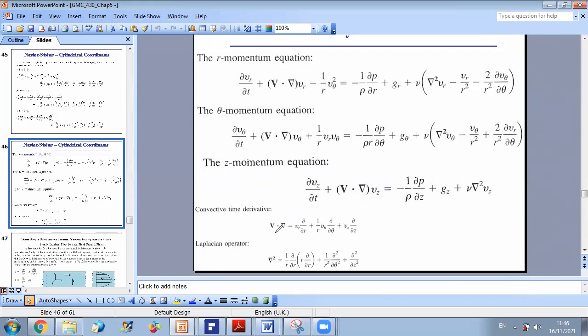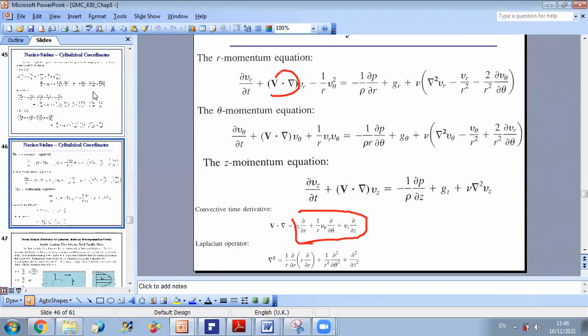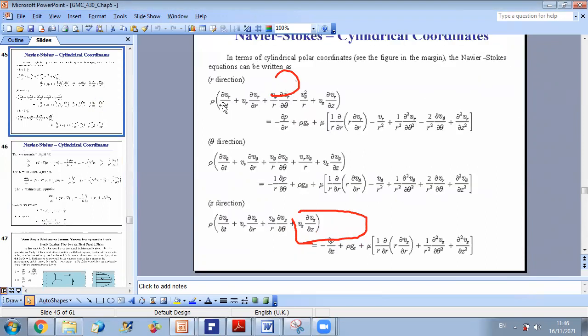For example, this symbol is for the following term: V_r ∂/∂r plus 1 over r V_θ ∂/∂θ plus V_z times ∂/∂z. If you want, you can directly use the previous form because it's already plugged in and the mathematical operator is replaced by the corresponding values. So this is about Navier-Stokes relations.